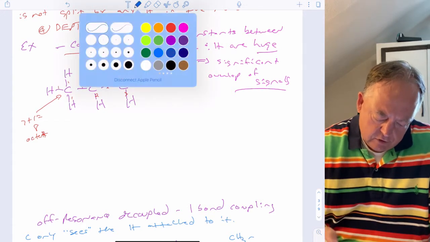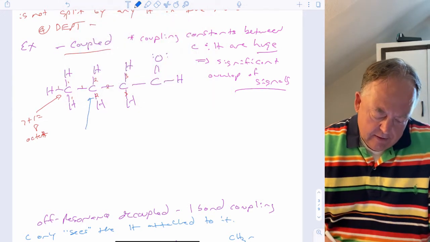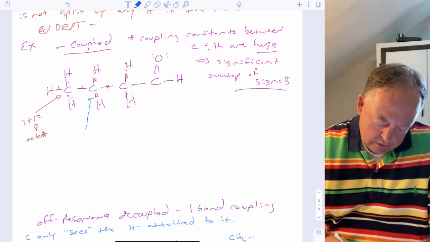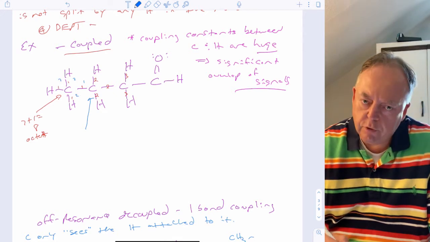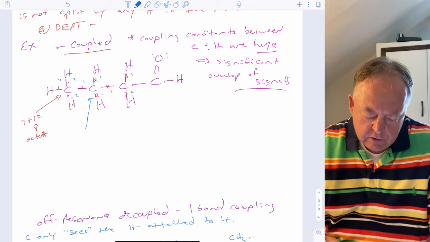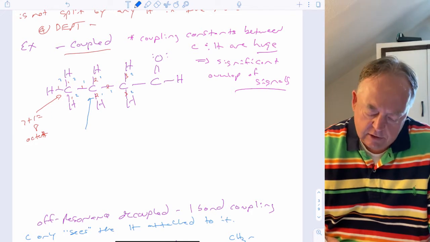And if we go to the next carbon, that would be 1, 2, 2, 2. So those are the CH3s within 2 bonds. This would be 1 and 1, so those 2 are going to split it. This will be 1, 2, and 2. So the CH2 is within 3 bonds, so that's going to split it.